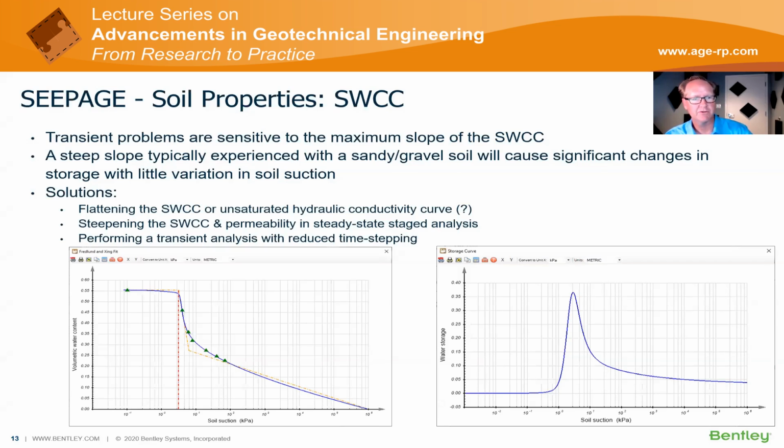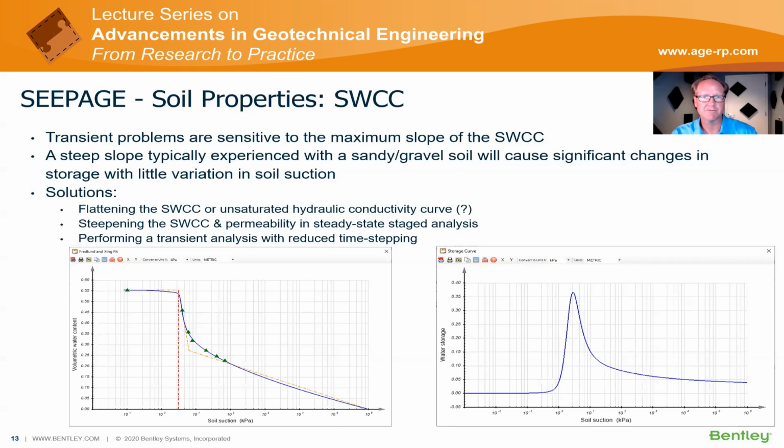So some people try to flatten a steep curve and the unsaturated hydraulic conductivity curve to make their model converge. However, then you're moving away from the realistic conditions, which is the difficulty there. You can also steepen the soil water characteristic curve and the permeability in a staged analysis.